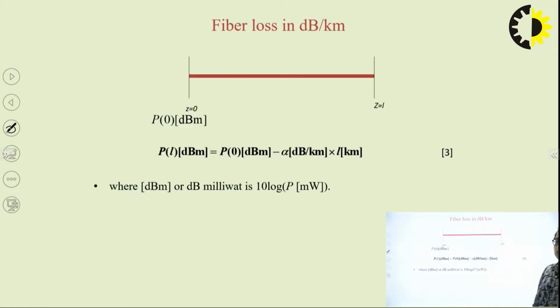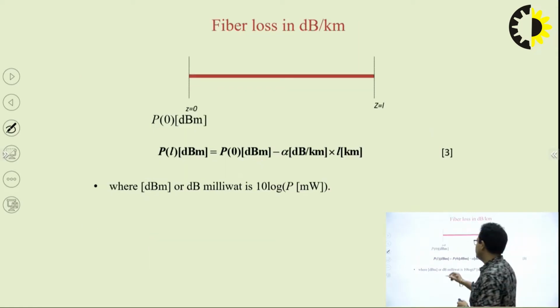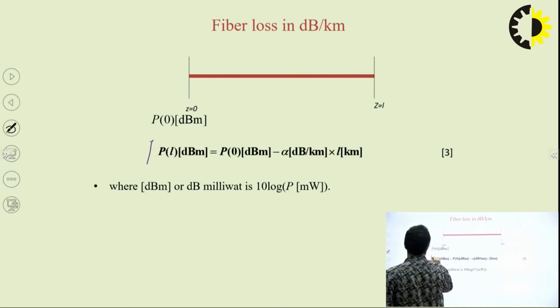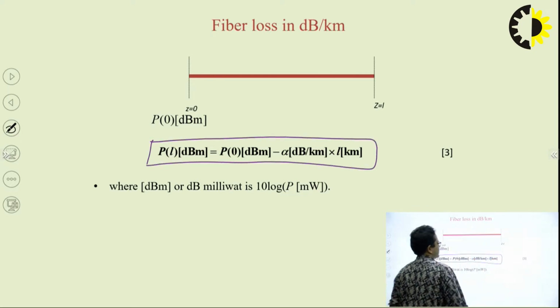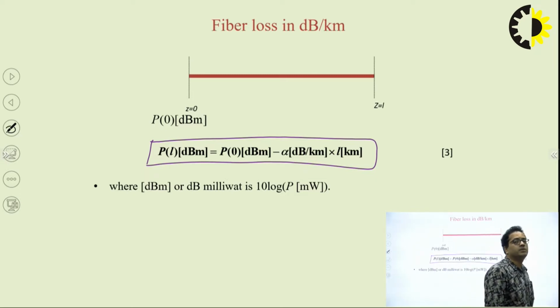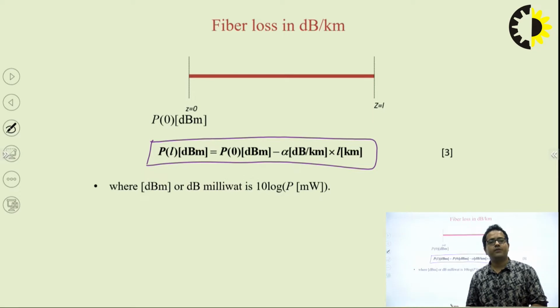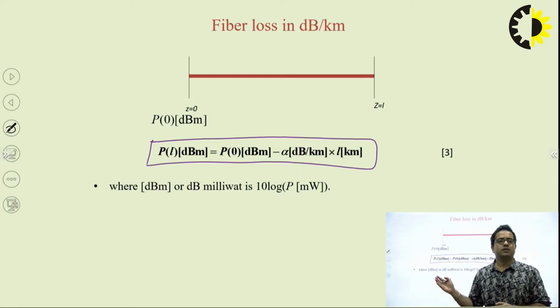So in terms of dBm also we can calculate the power. We know that optical power is expressed in terms of dBm. For reference, we are going to use 1 milliwatt. That's why the power is in dBm, right?